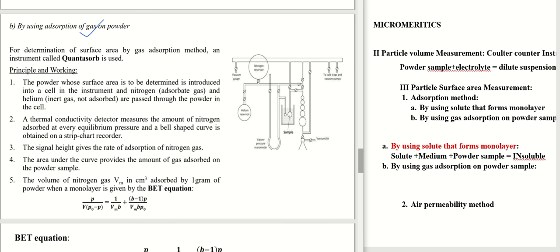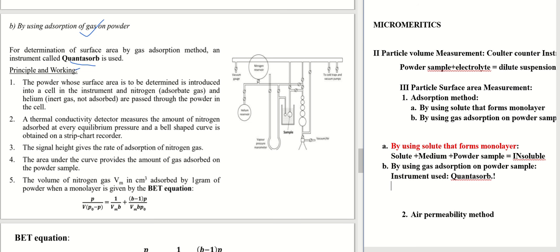The instrument which we use in this method is known as quantasorb, because the quantity that has been adsorbed will be determined. So the instrument is known as quantisorb.